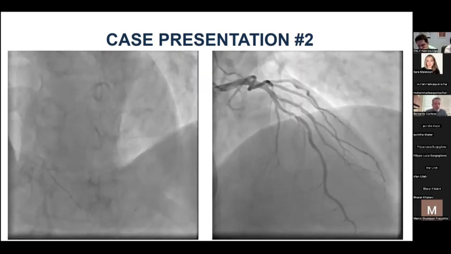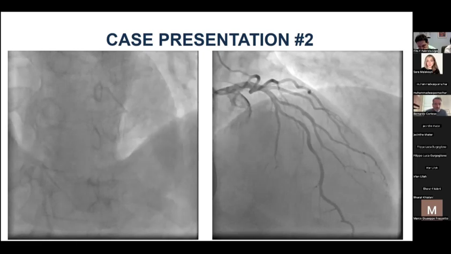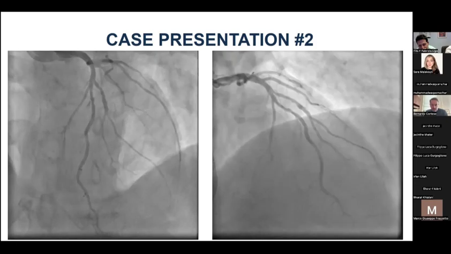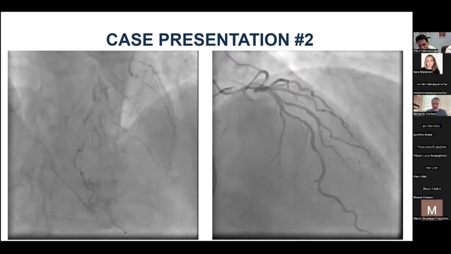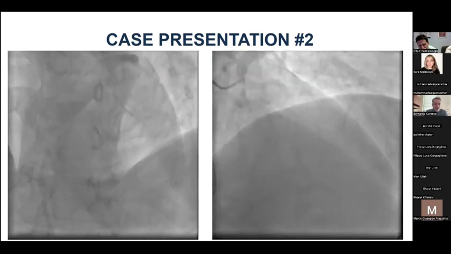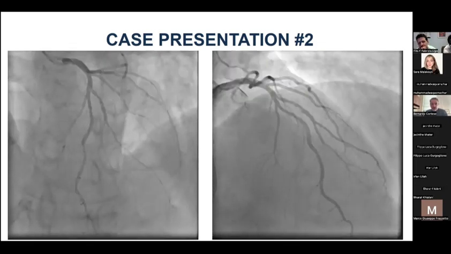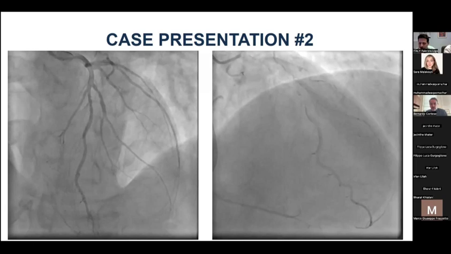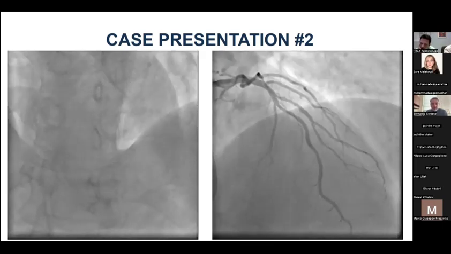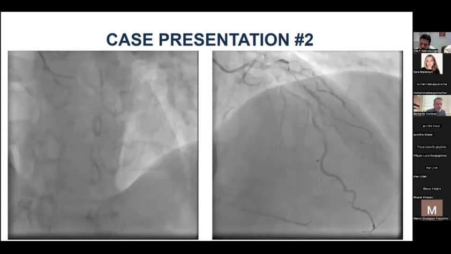So I would, in this specific case, treat the CTO trying antegrade. There also seems to be a sort of white thing antegradely, which could also be a thrombus from the antegrade. So I would try to do it antegrade, and if not, try retrograde before any potential treatment of the middle LAD.